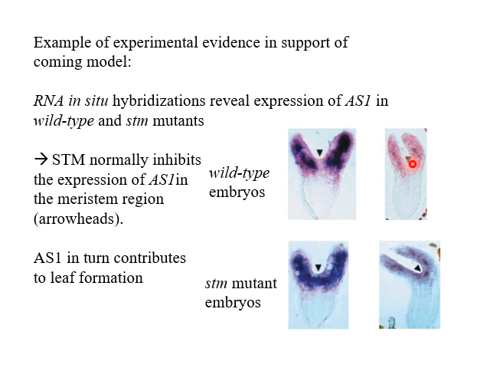Whereas in the STM mutant, in the absence of STM gene function, you can see that AS1 is also expressed in that region, in between the cotyledons. So a conclusion from this experiment is that STM normally suppresses the expression of AS1 in that shoot apical meristem region, since in the absence of STM function, you get AS1 expression also in that region.